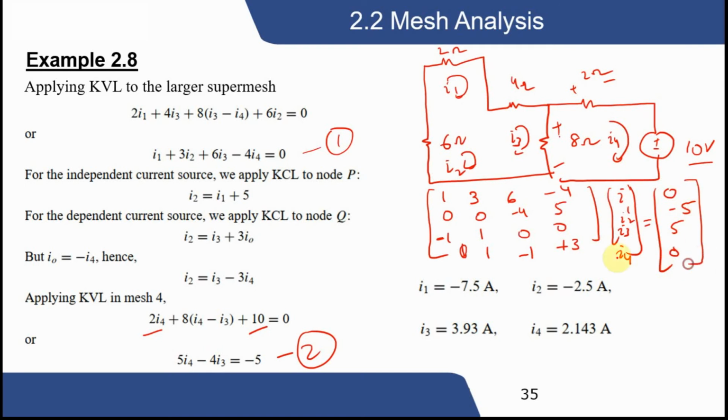So this is the Cramer matrix, and you use Cramer's rule to solve this. You will get I1, I2, I3 and I4.